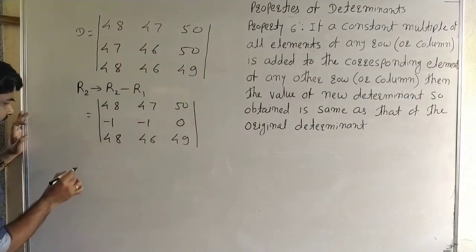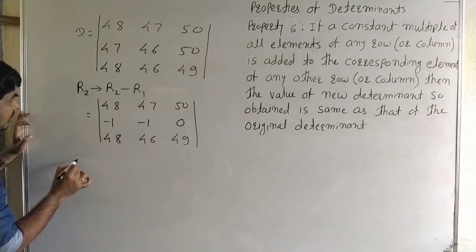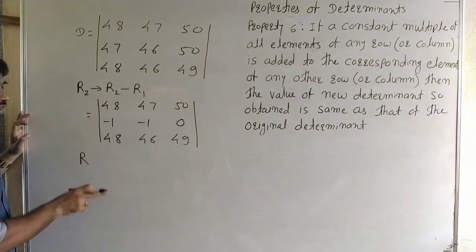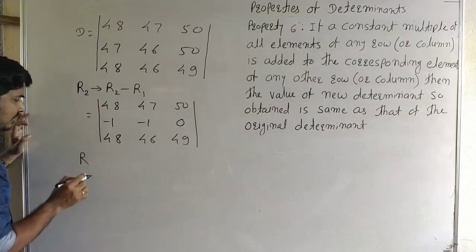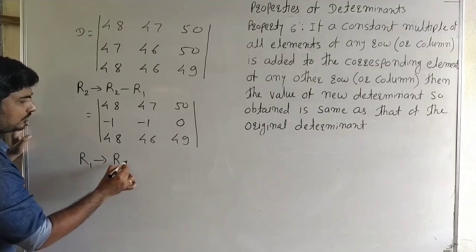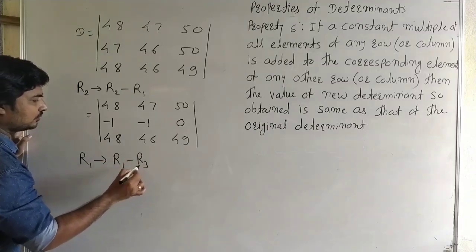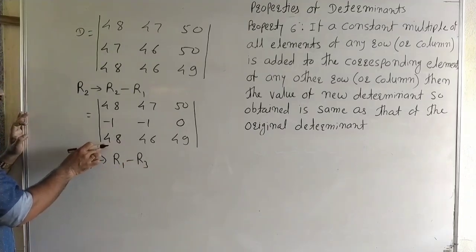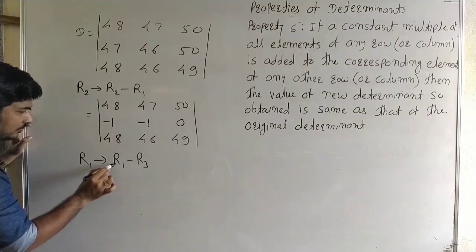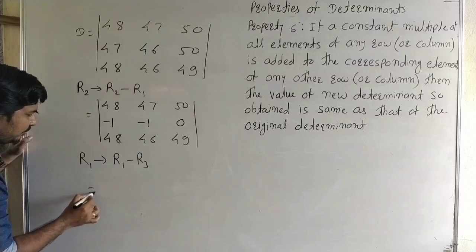Again we can do a transformation on R3 or R1, anyone. We can change R1: R1 minus R3. Therefore we get the determinant.